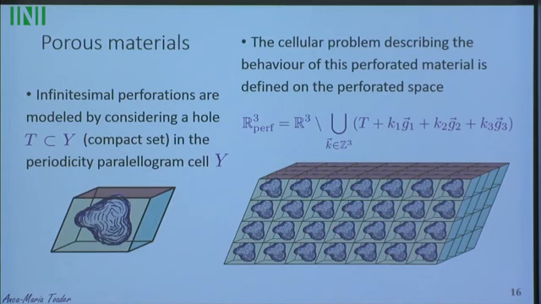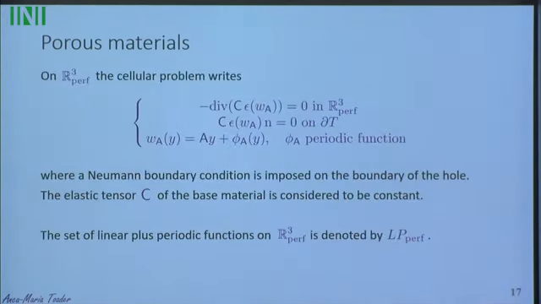And we shall need to define a special space in order to write down the cellular problems in this context, which is this perforated space. So it's the R3 from which we extract all the translations of the hole with vectors, integer coefficients, of the periodicity vectors.